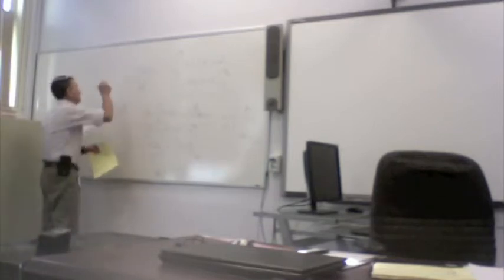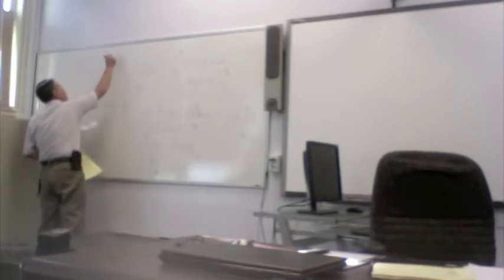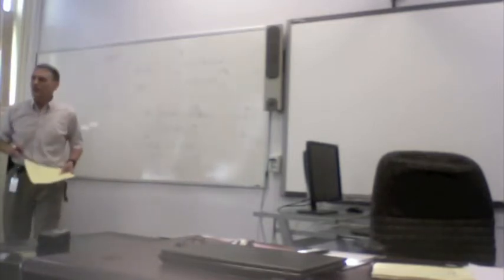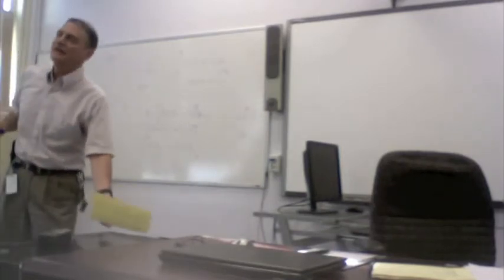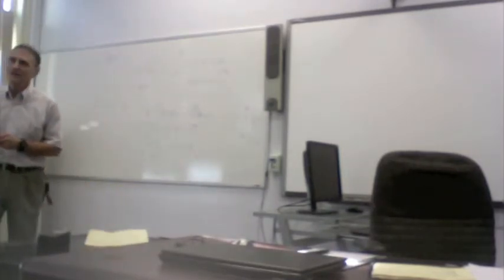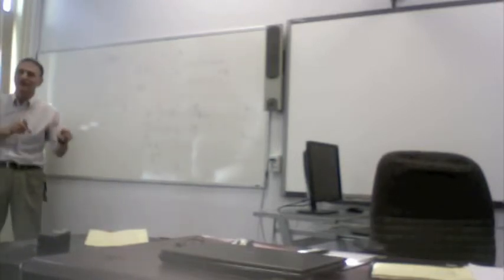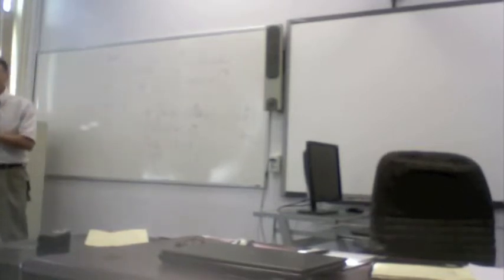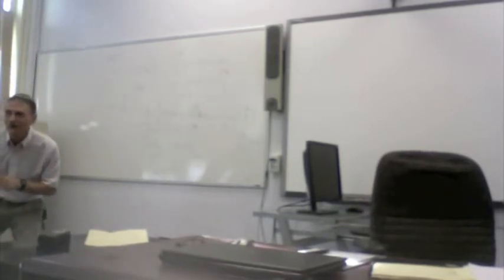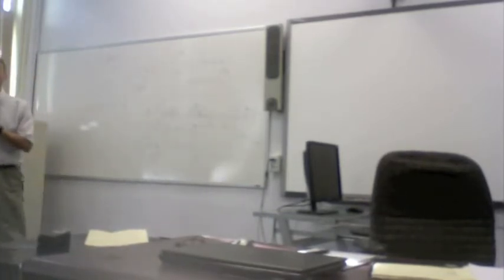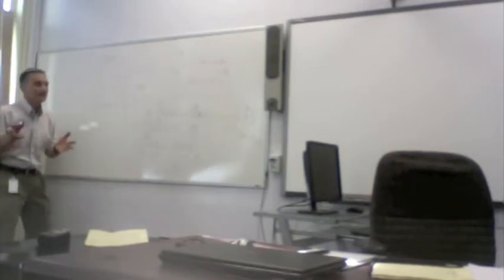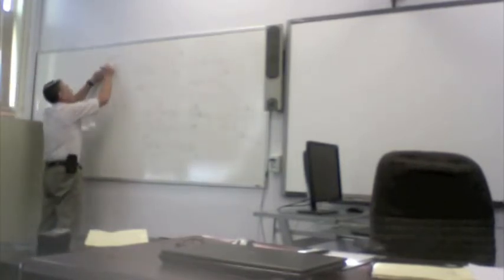So f of c is 7, but I want to find c. How can I find c? What's f of 1, what's f of 2, what's f of stuff, what's f of c? So what's c?